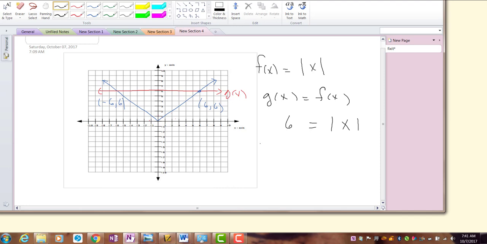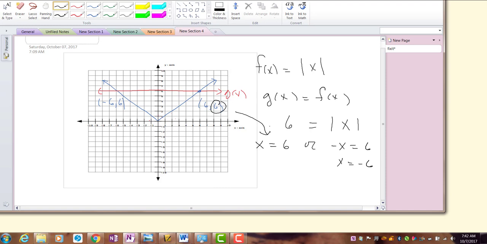When x is greater than 0, or the positive side, x is equal to 6 is one case, or when the opposite of x is equal to 6. So x equals 6 is one solution. x is equal to -6 is another solution. And we can see those values right here for that one.